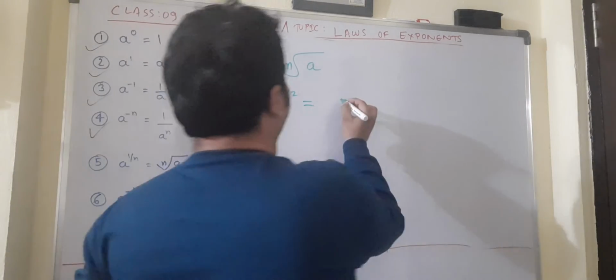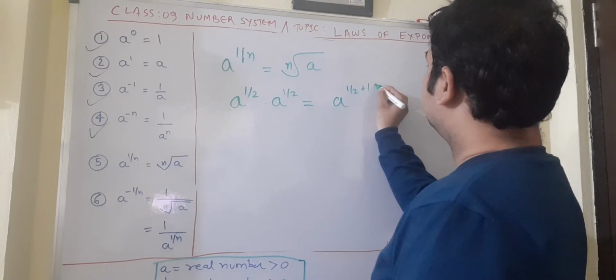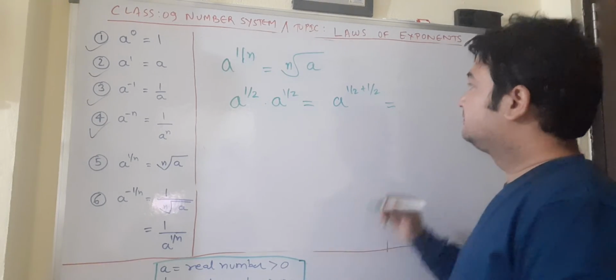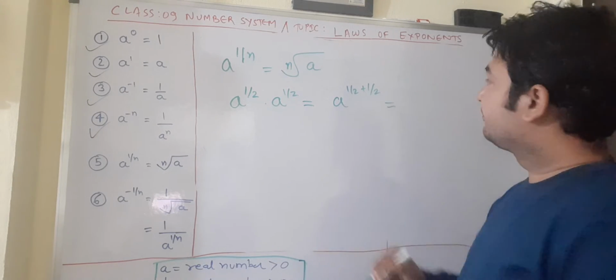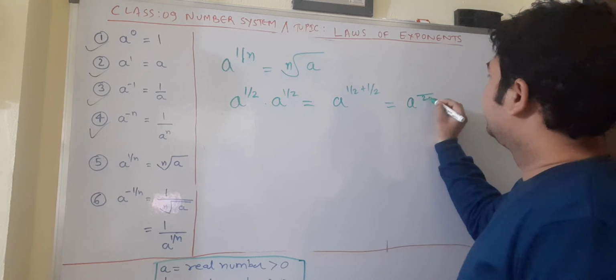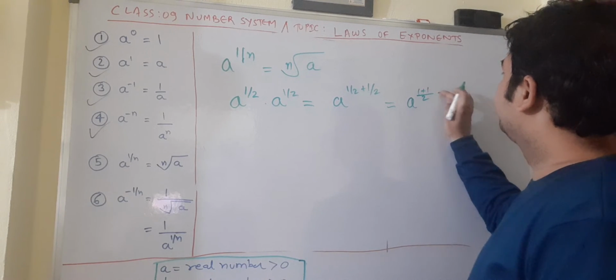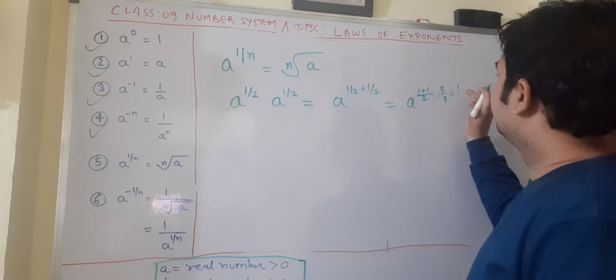You will get a to the power 1 by 2 plus 1 by 2. Half and half makes 1. Or in other words, you can take the denominator as 2 and 1 plus 1. This becomes 2 by 2, and 2 by 2 is 1.